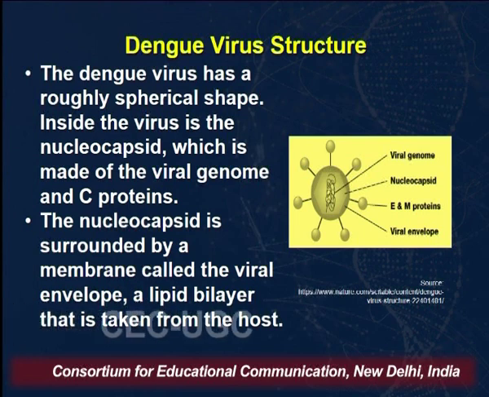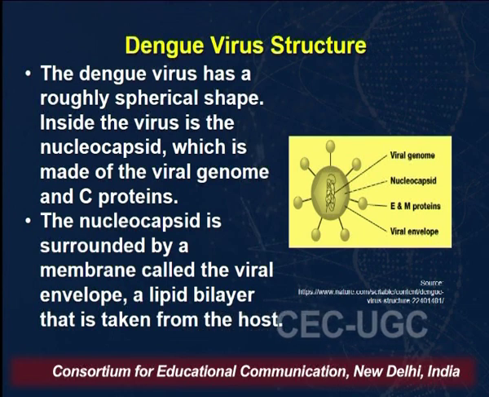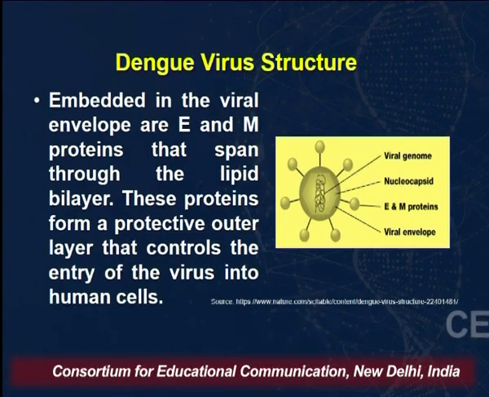In the image, outside there is the viral envelope, then the nucleocapsid containing the viral genome and the C proteins, and on the surface there are various proteins, the E and M proteins.